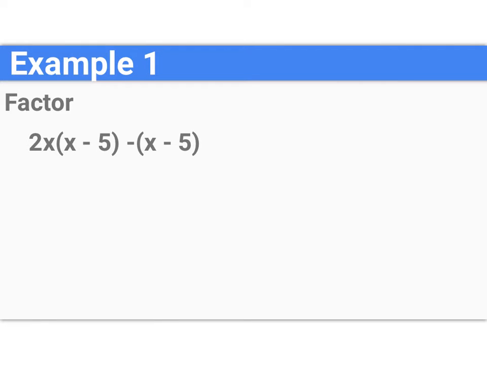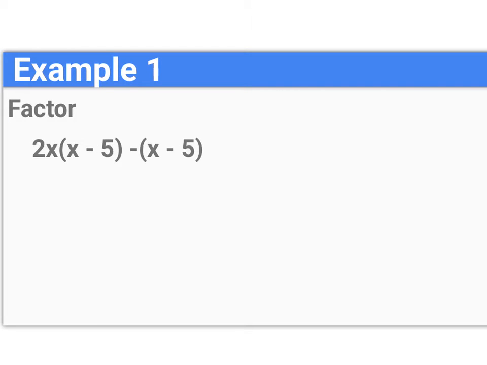Okay, so let's look at our first example. What I want you to first do whenever you see any type of grouping, so when you see these parentheses, anything inside of a parentheses makes a group, or brackets or braces.